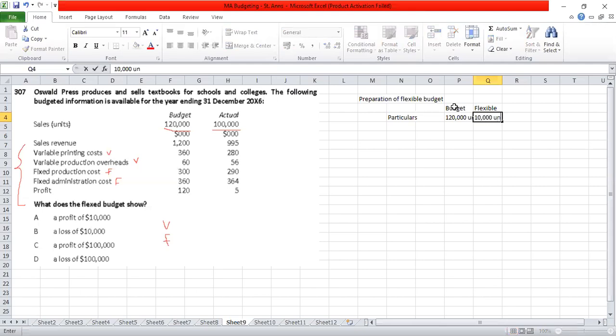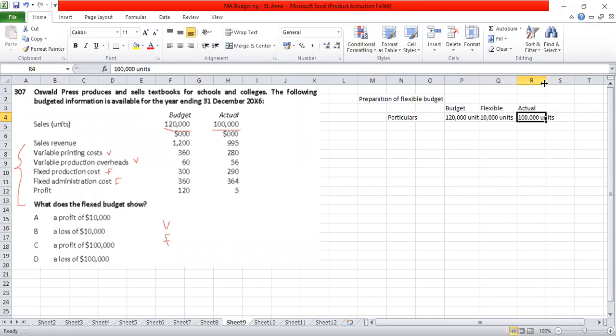Because the actuals are at 100,000. Flexible is not the difference of actual and budgeted. Flexible is adjustment of budget according to actual, revising of the budget according to actual. Actual happened at 100,000 units, and the plan which was prepared was at 120,000. So that 120,000 is adjusted to 100,000.